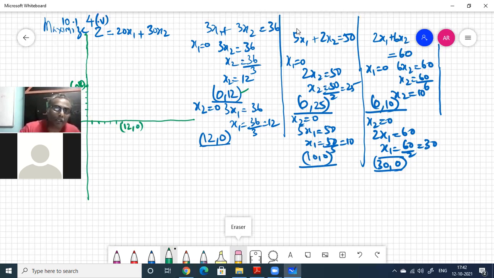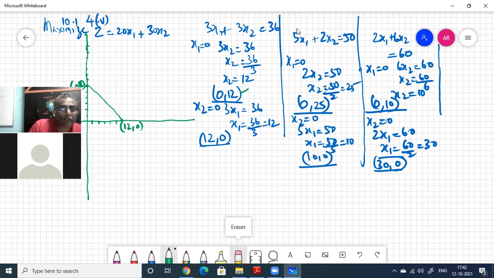Yeah, this is the first line. Then second line 0, 25. This is 2, 4, 6, 8, 10, 12, 14, 16, 18, 20, 22, 24, 26.